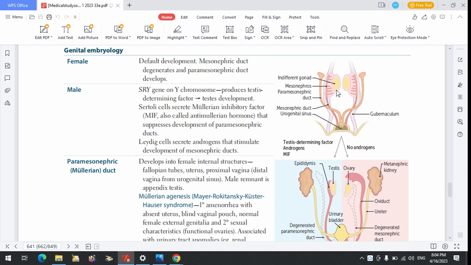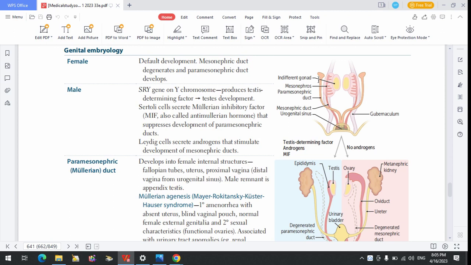Your Sertoli cells secrete a hormone that we call the Mullerian inhibitory factor, MIF. Some people will call it anti-Mullerian hormone, AMH, any one of it. Sertoli cells secrete Mullerian inhibitory factor or anti-Mullerian hormone. Your Leydig cells secrete androgens, testosterone.